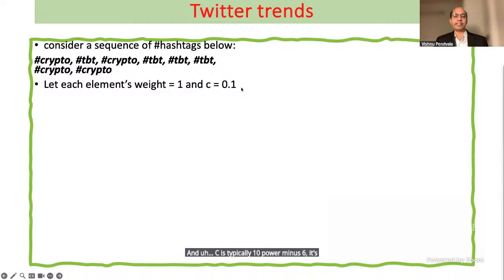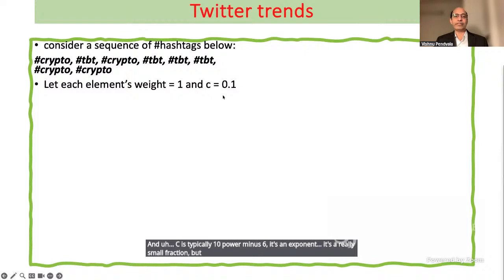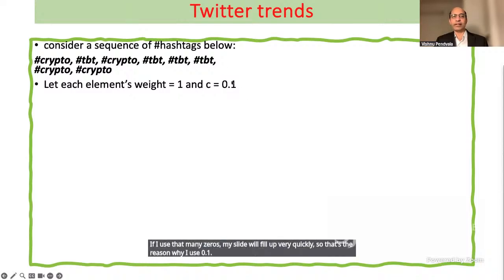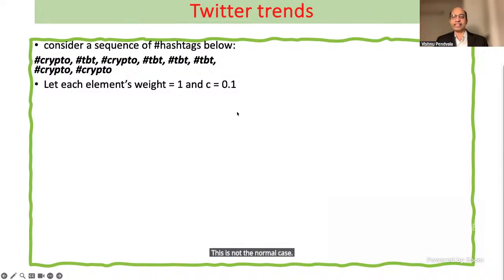It's a really small fraction, but if I use that many zeros, my slide will fill up very quickly. So that's the reason why I use 0.1. This is not the normal case. This is just for illustrating the example. So each element's weight is 1 to start with, and the decay is 0.1.